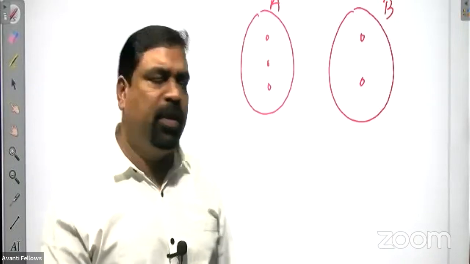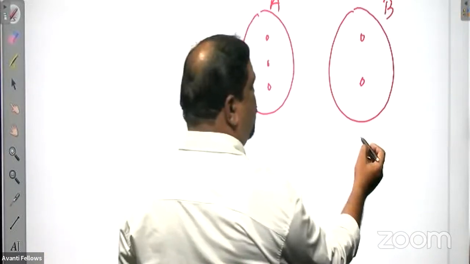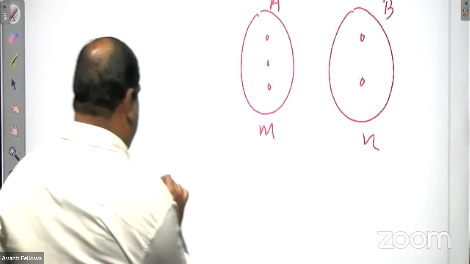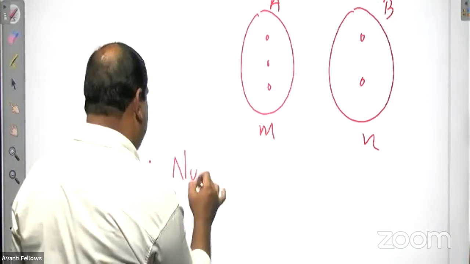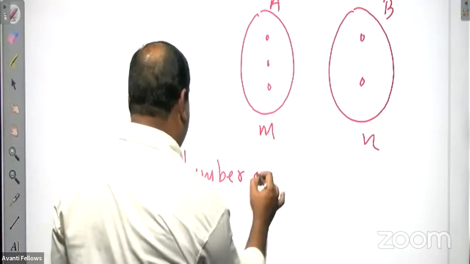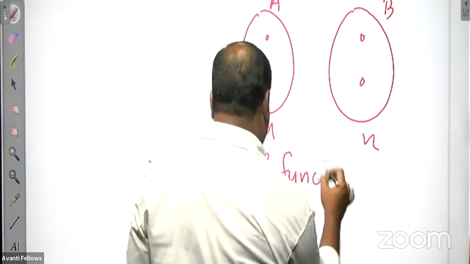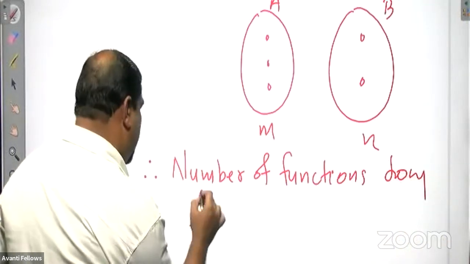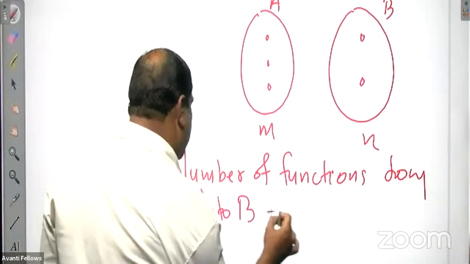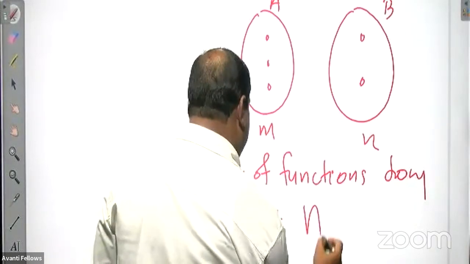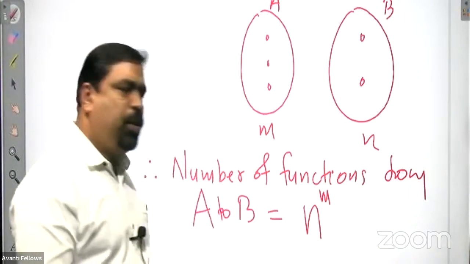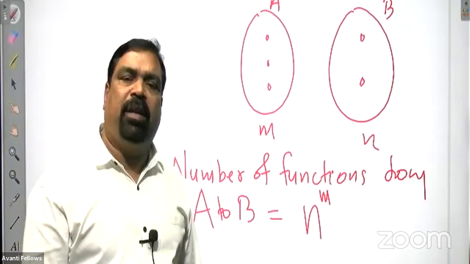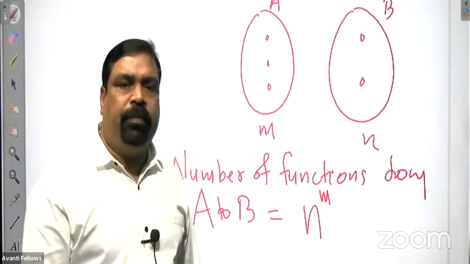So the formula is, if A has some n elements and B has some m elements, the number of functions from A to B is equal to n raised to m. Please note this formula, that's all.